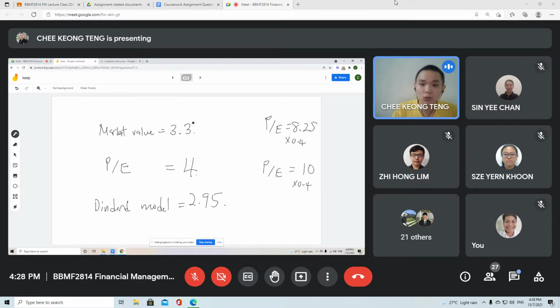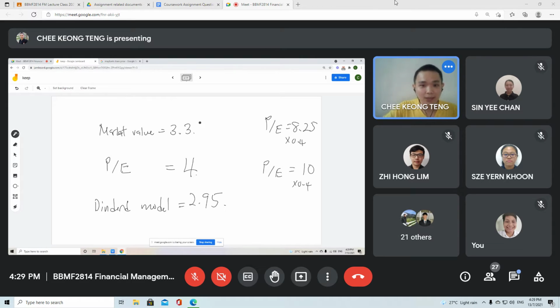So I think very soon our share price will become 4 ringgit, just like our competitors, because we do as good as them. That is one side of the explanation. You can expand on that: it should be 4 ringgit because others who purchase our competitors' shares are willing to pay 10 times PE. Why are we only 8.25 times? It's not fair for us, it should also be 10 times. So now it's undervalued, it's cheap, our share price.